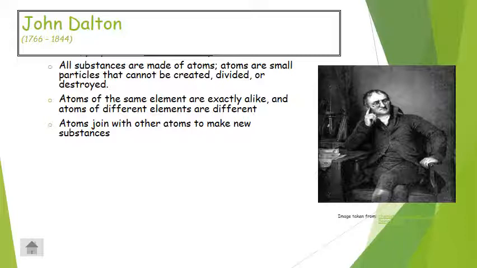The quality of a thing was more important than the parts it was made of. But through some experiments Dalton did, specifically looking at water, he was able to break it up into hydrogen and oxygen. He came up with the idea of an atom.